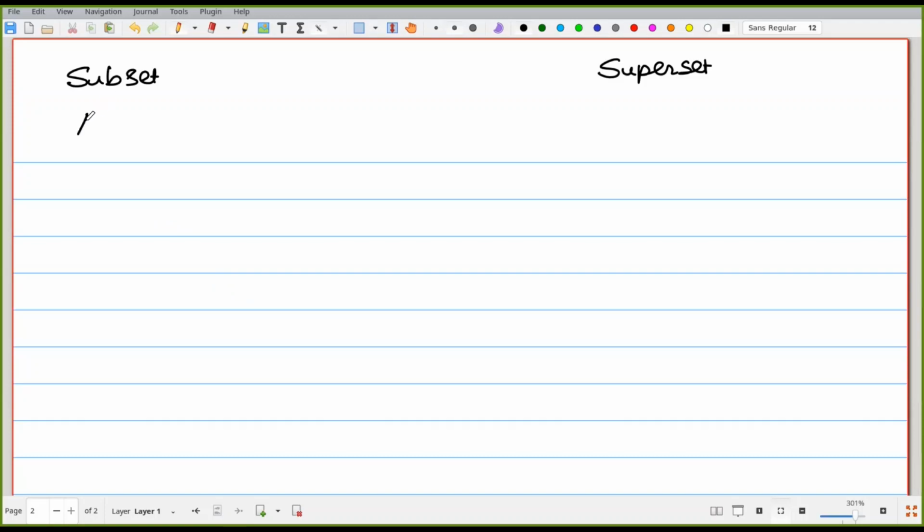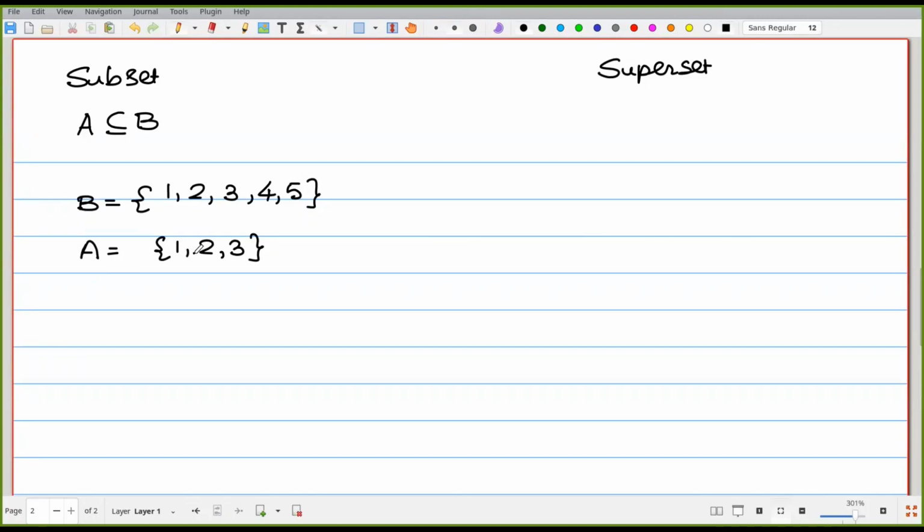Normally, we write it in the way A, that is the notation, then B. Suppose B is equal to {1, 2, 3, 4, 5}. Then A is equal to {1, 2, 3}. Think about A first: 1, 2, 3.